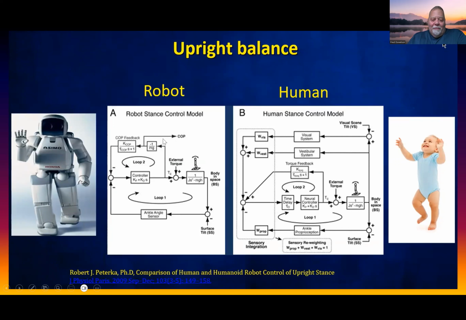This is the system for the robot, and this is the system for a human. Notice how many more links and paths you have to know and then control in a human than in a robot. And this is just being able to stand upright. This isn't running down the sidewalk or anything like that, which we can do and most robots can't do yet.